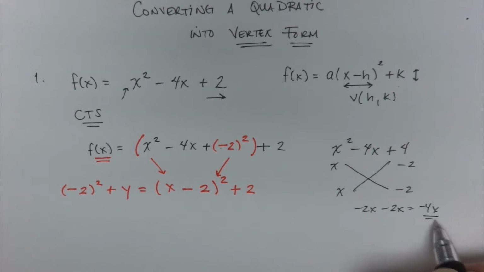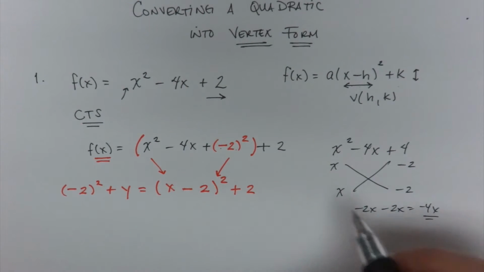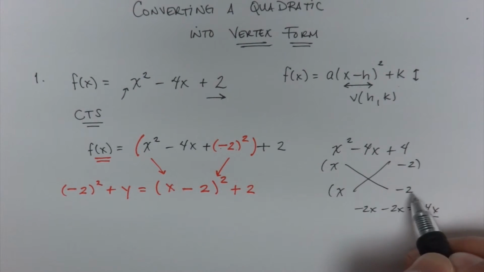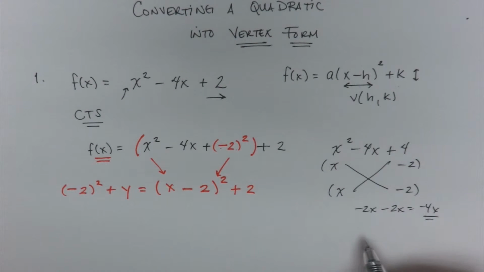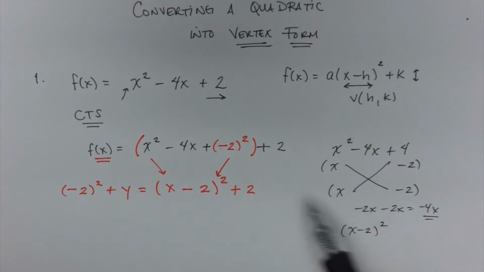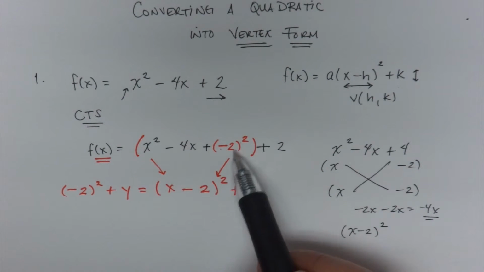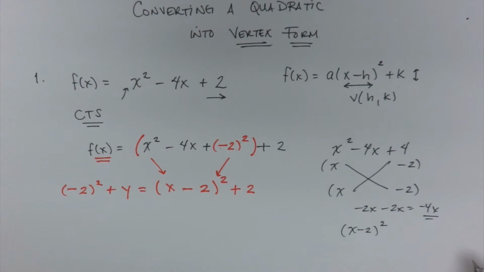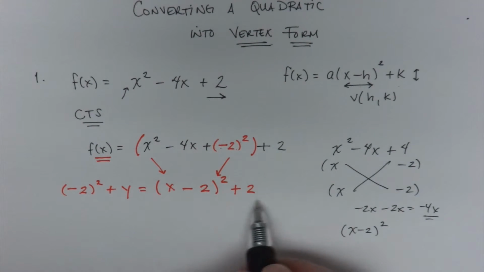Look at that, negative 4x, and that's what I wanted. Since these are my factors, and we have 2 of them, you would write (x minus 2) quantity squared. But instead of doing all of this all the time, you just take one from here, boom, I'm done.